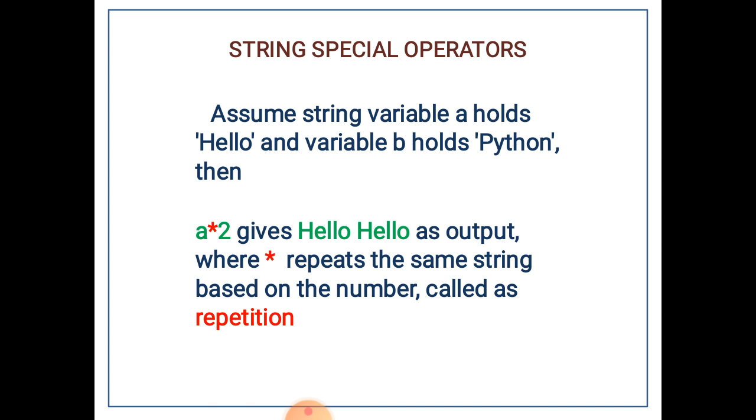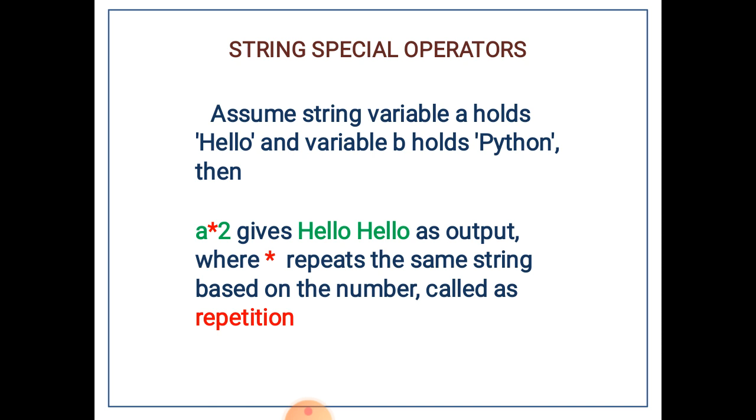As we can see in the example here, we have already studied that a stands for hello and b stands for Python. A into 2 gives the value of a 2 times as output, so hello hello has been given twice. If we give a into 3, then it gives hello hello hello as the output.